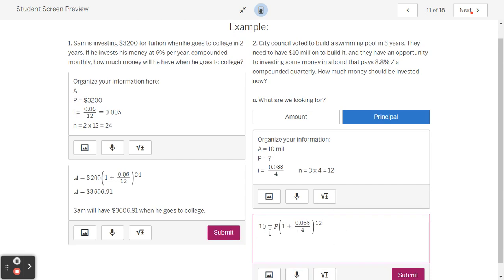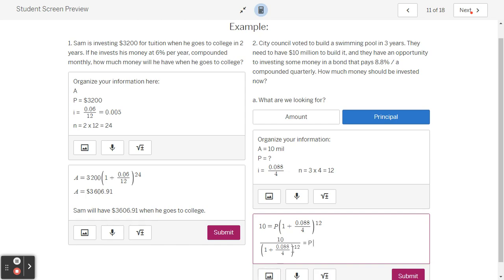We need to rearrange this equation to isolate for P. So I'm going to take this monstrosity and divide it to get rid of it on this side. 10 million divided by (1 plus 0.088 divided by 4) raised to the power of 12. And that's equal to our P.